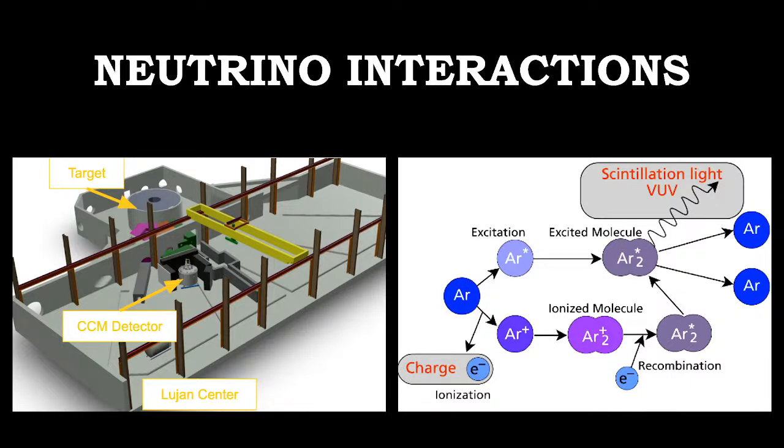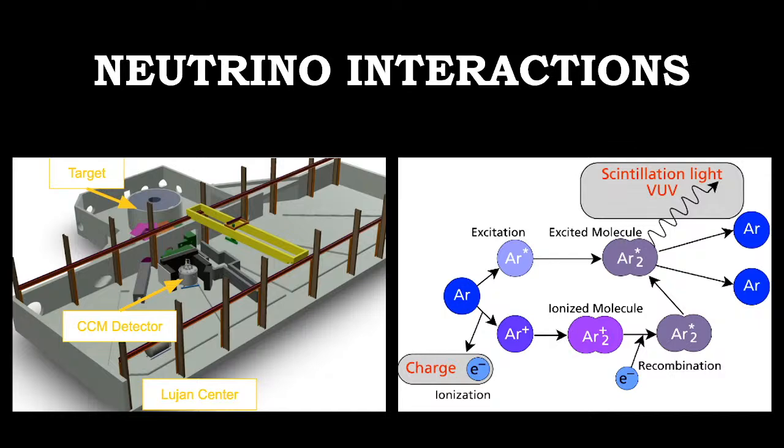So the light dark matter, or neutrino, will run into an argon atom, and it will be either excited or ionized, and then that atom hits another argon atom, and it turns into argon-2, which usually can't happen, and it's not a very stable state.